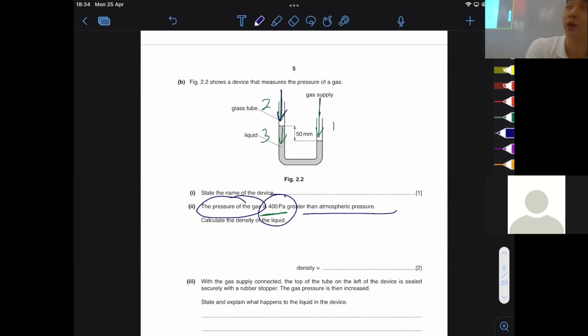How much is the pressure from number 2? 76. This is pressure from the atmosphere, right? And then they say that the pressure of this gas is 400 greater than atmosphere. Can I say that this is essentially pressure of atmosphere plus 400? So where should the 400 be?